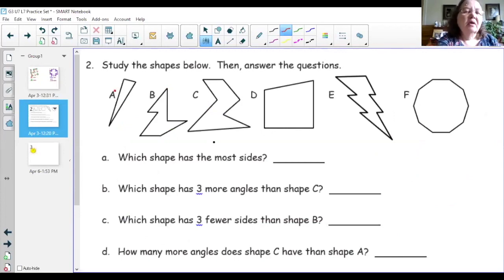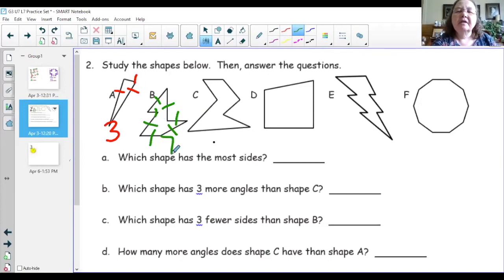So I'm going to go 1, 2, 3. I know this one has 3. And let me count this one. Use a different color. 1, 2, 3, 4, 5, 6, and that little one, 7.